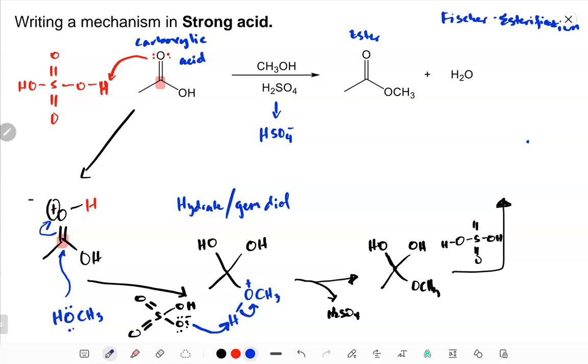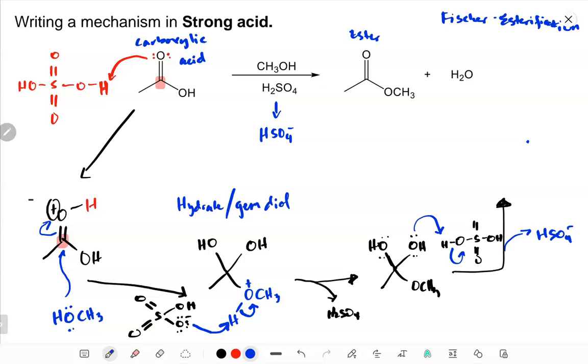So the mechanism would be like either of these OH groups, either of these two, will tend to abstract a proton from sulfuric acid here, and thereby eliminating a bisulfate again in the reaction.